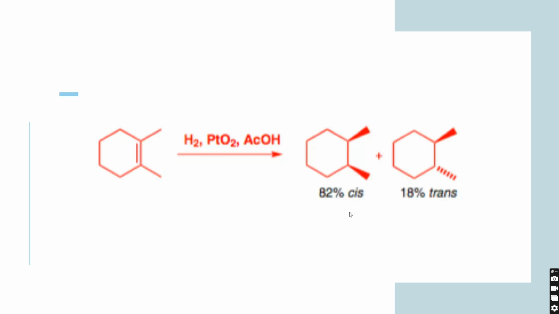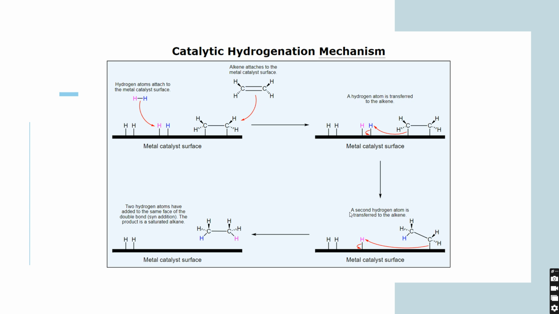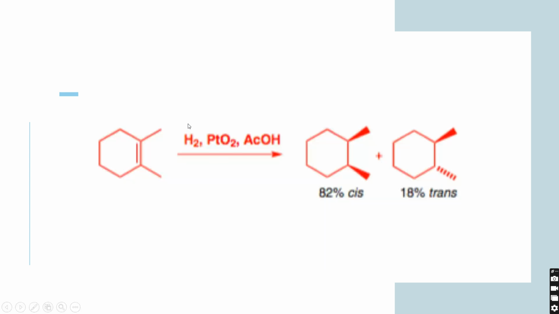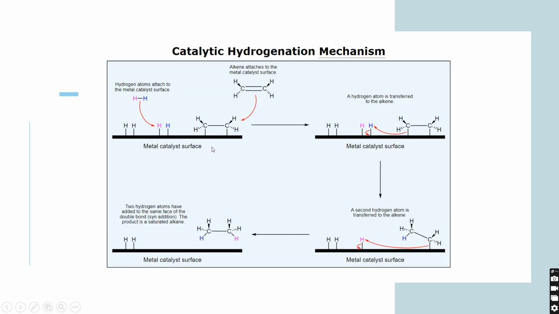Hydrogenation reactions follow this kind of mechanism where the molecular hydrogen and the carbon-carbon double bond are first bound to the metal catalyst surface. In case of this condition, the platinum metal surface will bind to the carbon-carbon double bond and the molecular hydrogens.